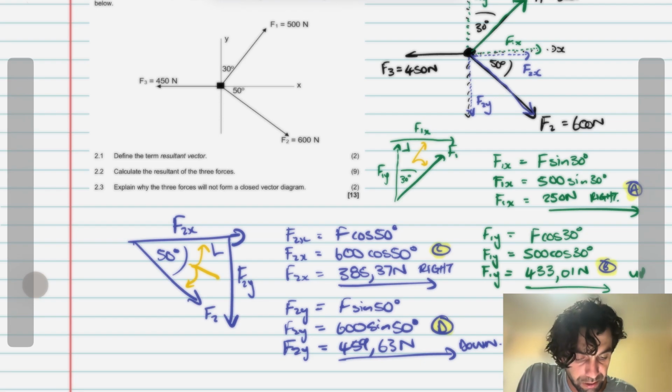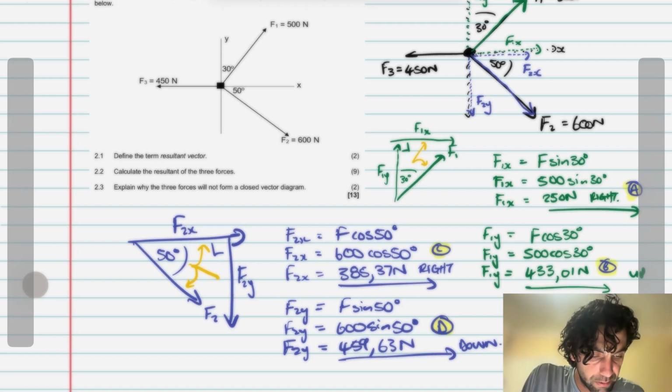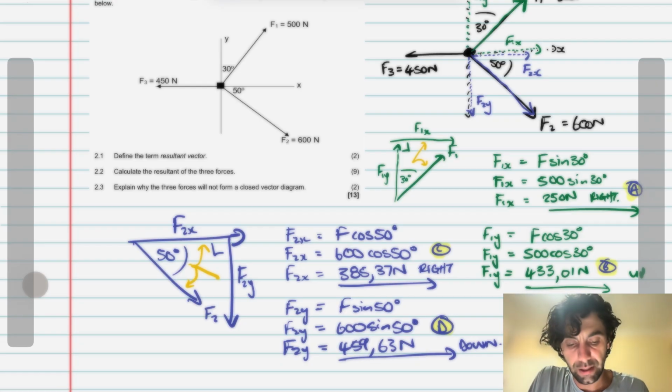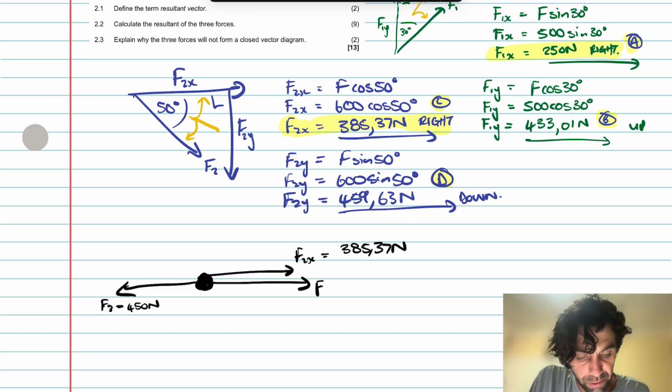We have two forces acting to the right, namely F2x and F1x. So we have F2x, which is 385.37 newtons, and we have F1x, which is 250 newtons. Again, I'm going to take right as my positive.